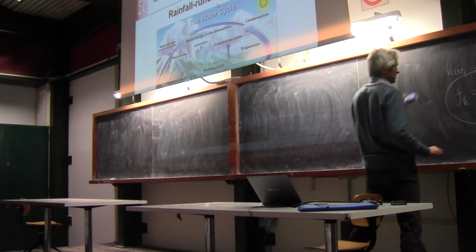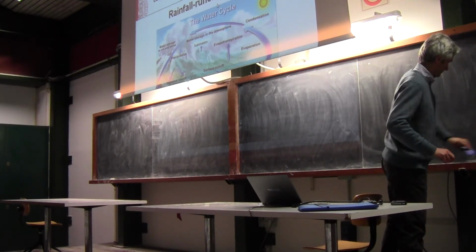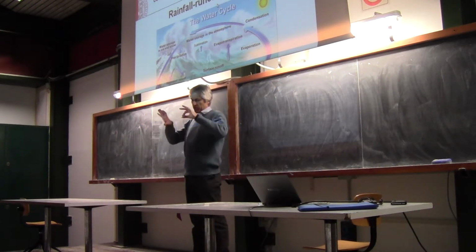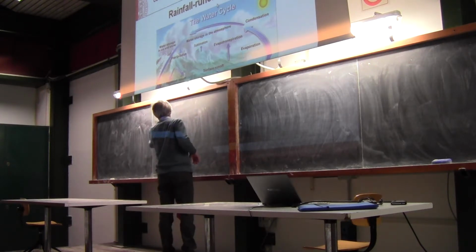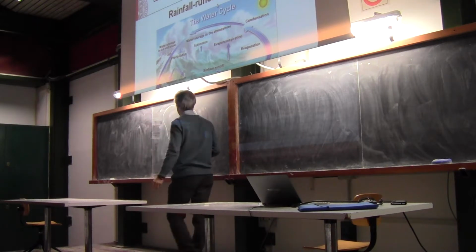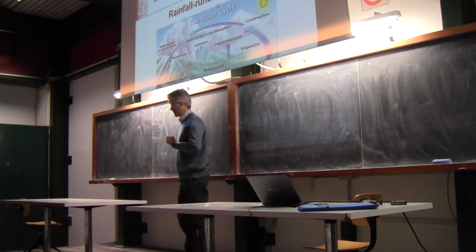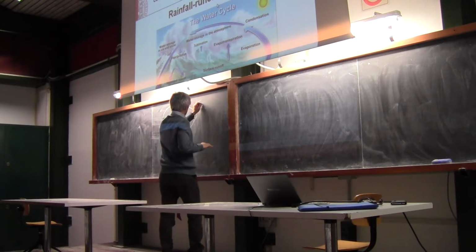So let's start by considering a catchment. And let's look at a catchment from the top. If you look at a catchment from the top, you typically see an area which is bounded by a closure section of the catchment, which is a river cross section. What is a catchment?